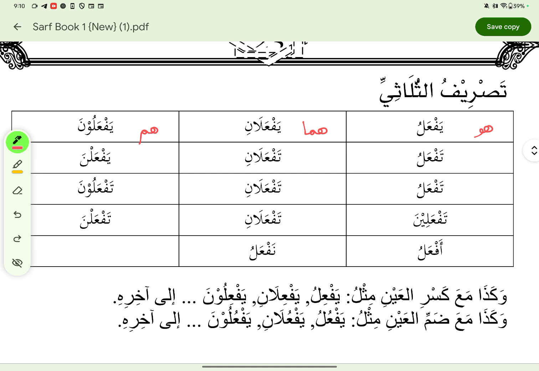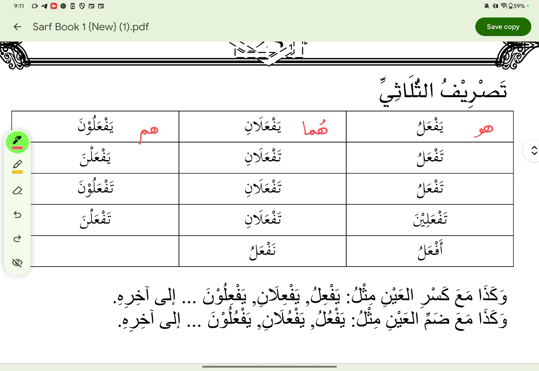We have the other one here: huma yaf'alani. Huma means they, but only referring to two people. For example, I was saying yesterday, 'an A'ishah bint Abi Bakr radiyallahu anhuma, may the pleasure of Allah be upon both of them.